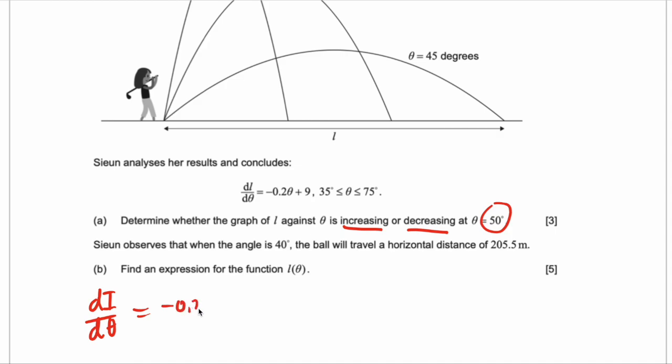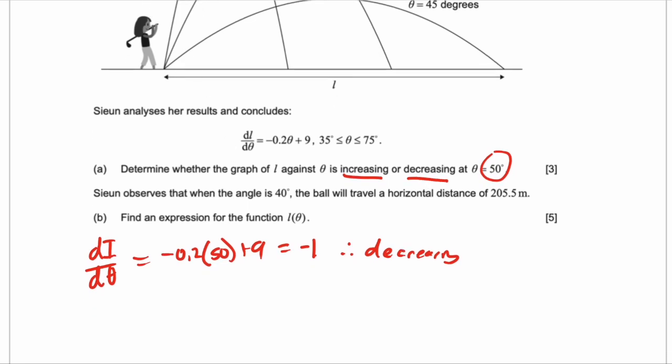Negative 0.2 times 50 plus 9. That's 9 minus 10, so it's negative 1. Therefore, we have a decreasing function. It's decreasing at that point.